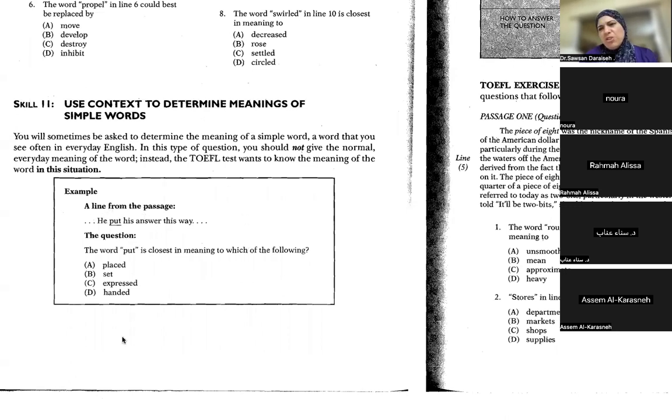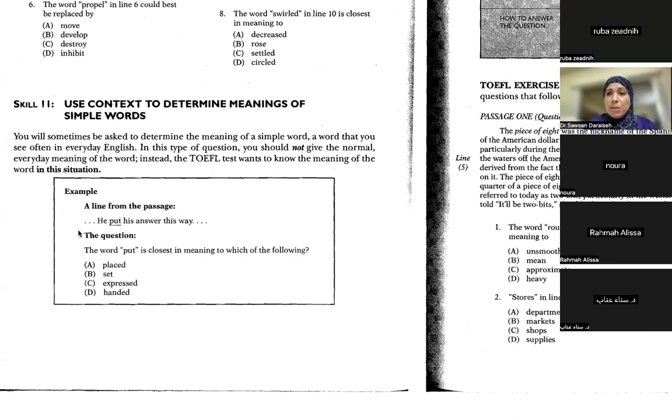Look, this is a line from a certain passage, from a certain essay or paragraph: He put his answer this way. What does it mean when someone says that this person put his answer this way? Does put mean placed, set, expressed, handed? Yes, Dr. Ruba. I think the correct answer is expressed. Exactly. It sure is. It means expressed.